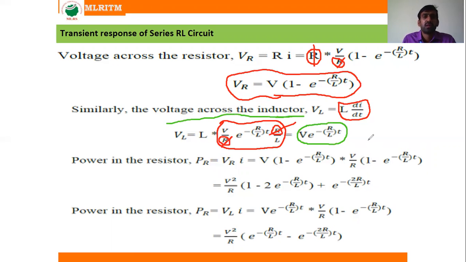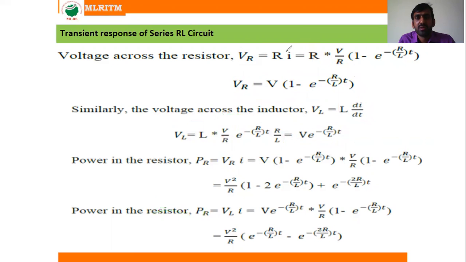Now simply calculating the power in the resistor and the power in the inductor, PL. Power in the resistor is the voltage drop into the transient current, VR into I. What have we obtained here?